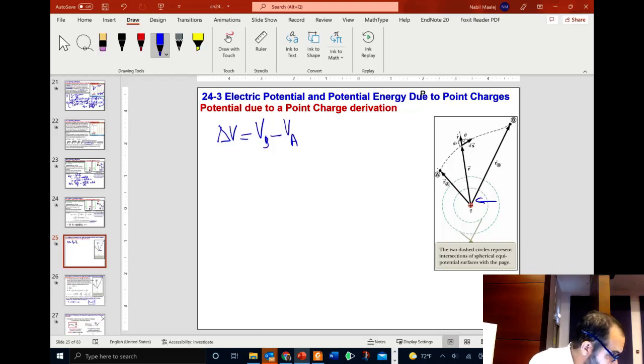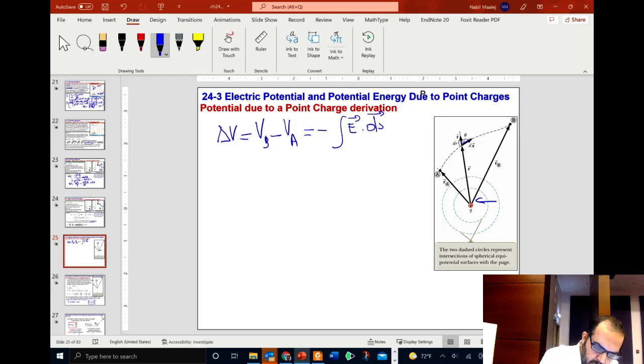We're going to use the integral that we defined earlier. We said this is equal to minus the integral of E dotted with ds. At a particular point, this is ds, the displacement vector.